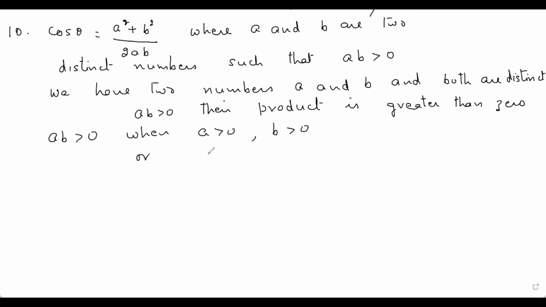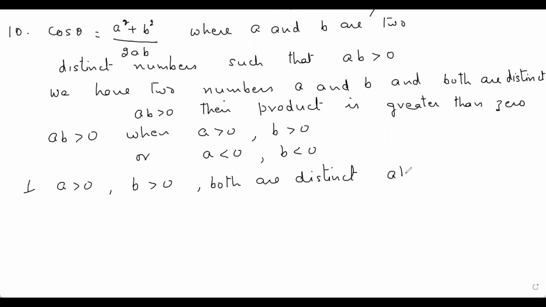Or you can say when A is less than 0 and B is less than 0. Only then their product is greater than 0. So we have two cases. One is when A is greater than 0 and B is greater than 0 and both are distinct and their product is greater than 0.